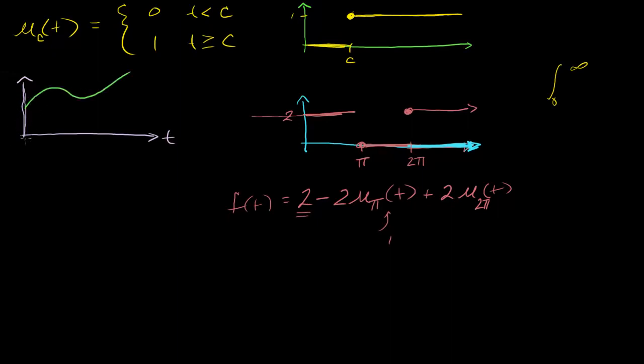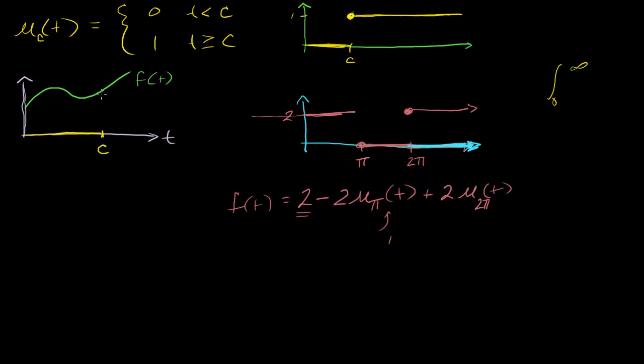Now, what if I'm modeling a physical system that doesn't do this? Let's say it stays at 0 until some value. I'll call that c again.